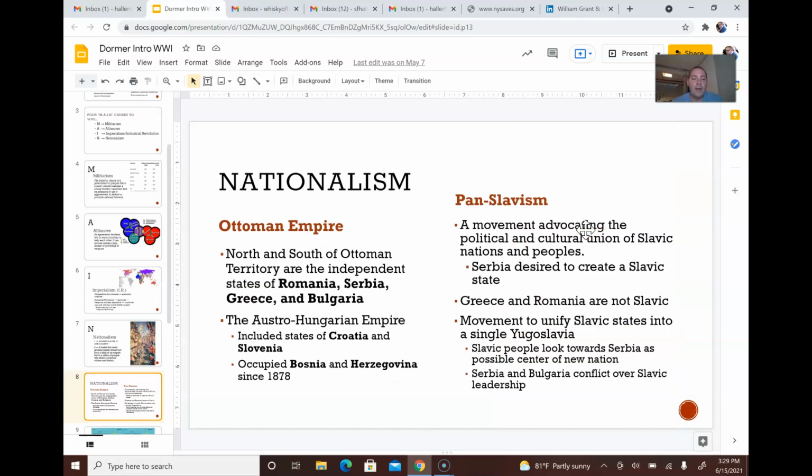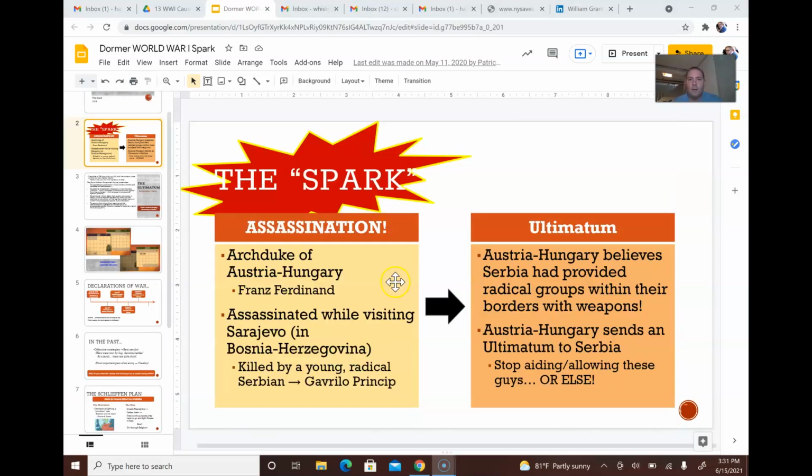And then you get the assassination. The assassination of Archduke Franz Ferdinand that happens in June of 1914 sparks all of this, right? Let's talk a little bit about who this is. Archduke Franz Ferdinand was the heir to the throne of the Austro-Hungarian Empire.